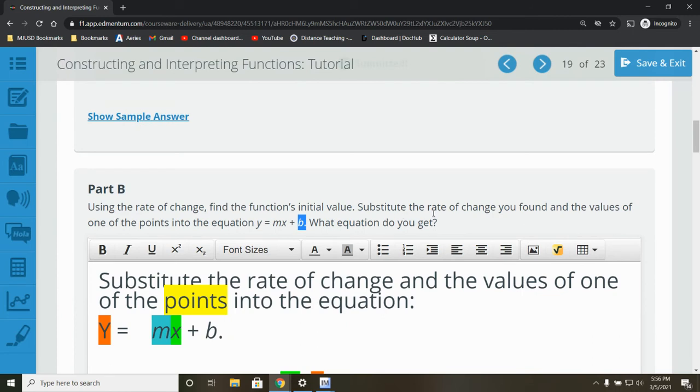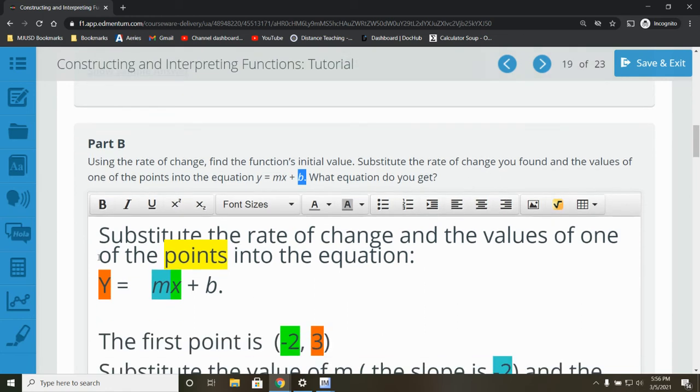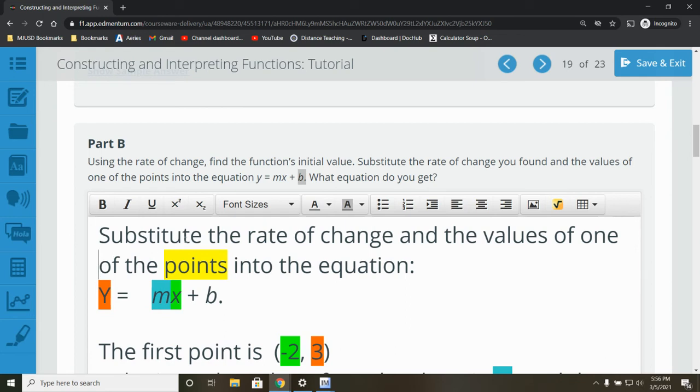Substitute the rate of change you found and the values of one of the points into the equation y equals mx plus b. What equation do you get? So here's the equation, y equals mx plus b.